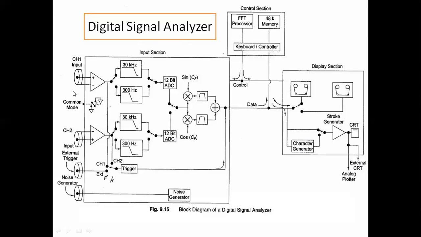Okay. So here the main purpose of this one is to analyze. We can also analyze the correlation of two signals. Suppose we have to know the correlation and autocorrelation. To find the autocorrelation, the signal is applied to both the channels. The same signal is applied to both the channels.